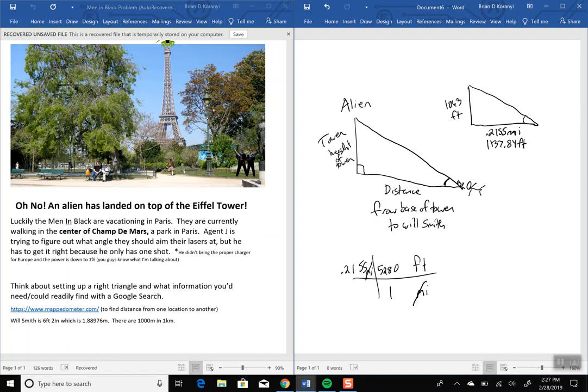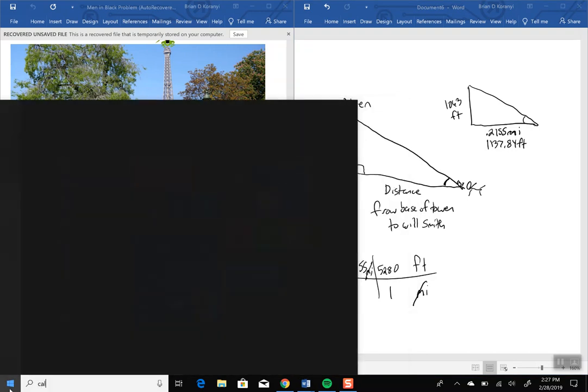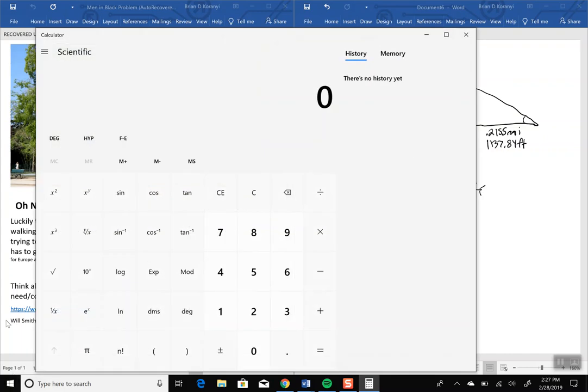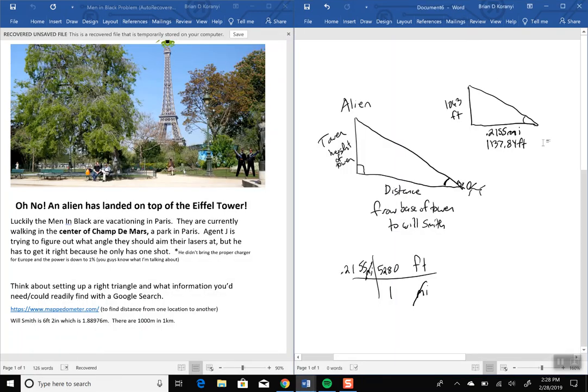And if you do 5,280 times that 0.2155 on the calculator, it should end up being the same thing. 1137.84, 1137.84, perfect.